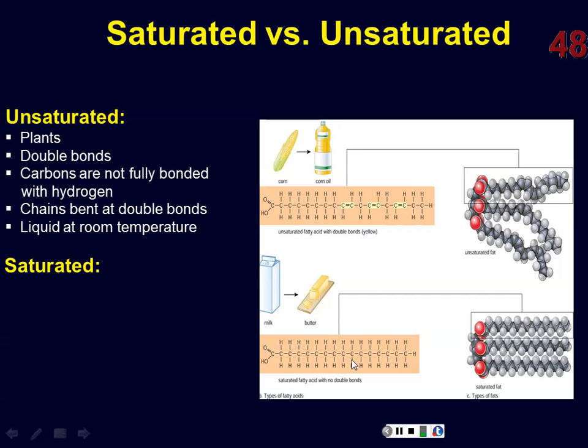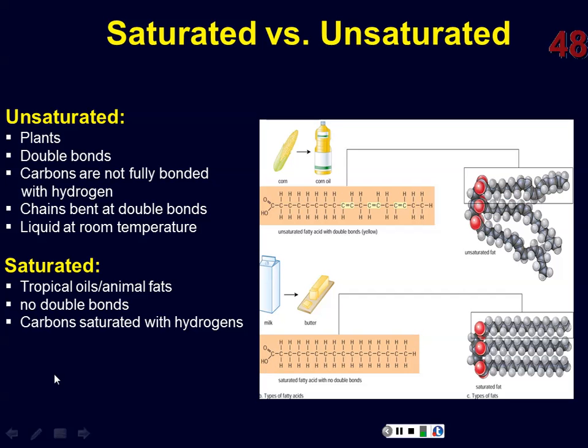So take a look now at the saturated fat right here. Those were the ones that were from animals or coconuts. Tropical oils are saturated. There are no double bonds in the fatty acids of saturated fats. Notice that all the carbons right here are bonded with single bonds to either another carbon or a hydrogen. So there are no double bonds.